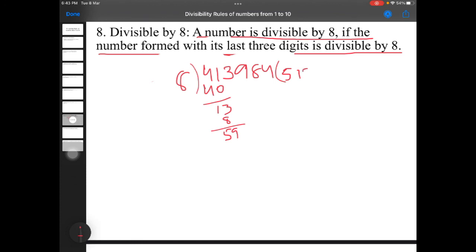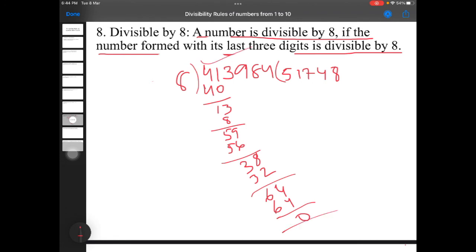From here we will go with 7, will be 56, 3 will remain. Then this 8 will come down, then from here we'll go with 4, 32, then 6 remaining, then 4 will come down, then 8 will be 64. So we can see here the remainder is 0. So this number is divisible by 8.